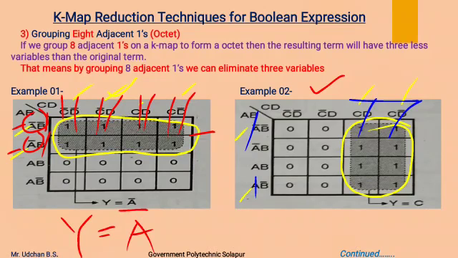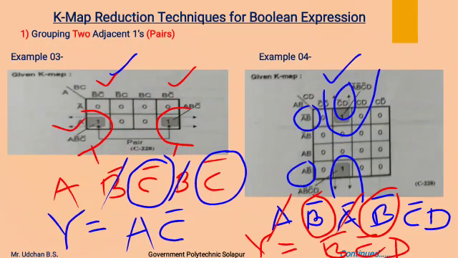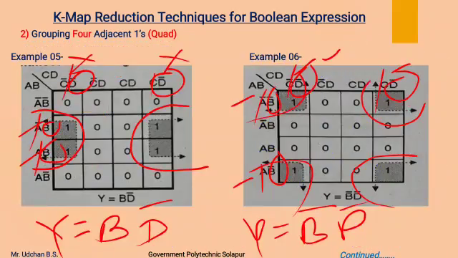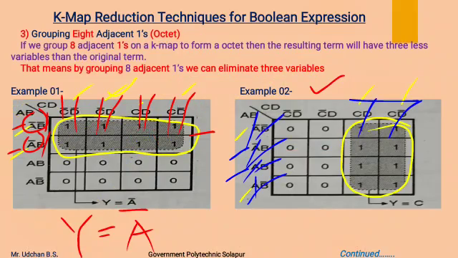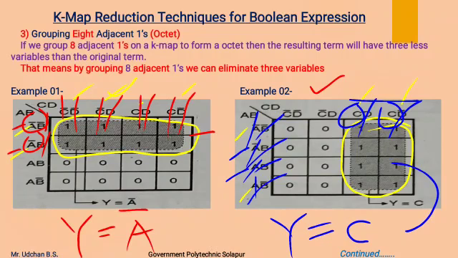Again these are the two terms related with each other for our octet. This A bar and A get cancelled, this B and this B bar get cancelled, this B bar and B get cancelled. So only two terms are remaining in this, that is this C and this C, which gives only a single C. So the equation for this octet will be y is equal to C only.